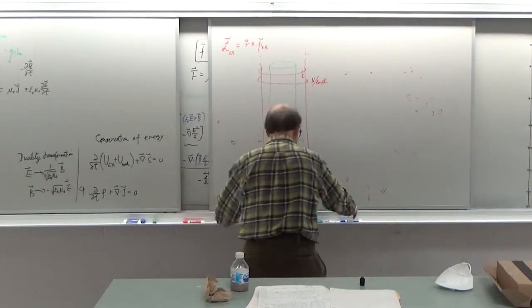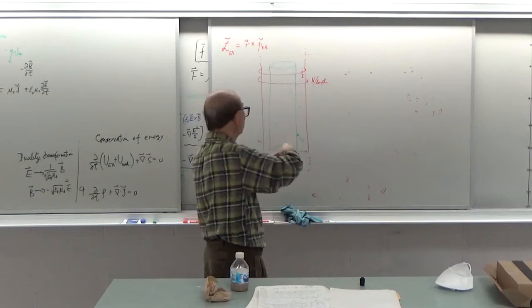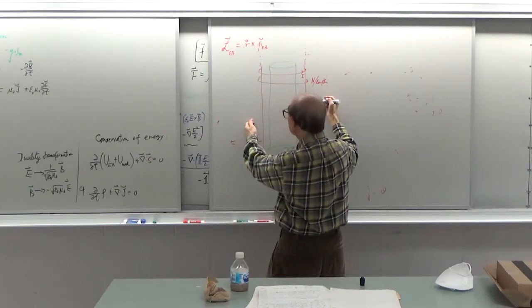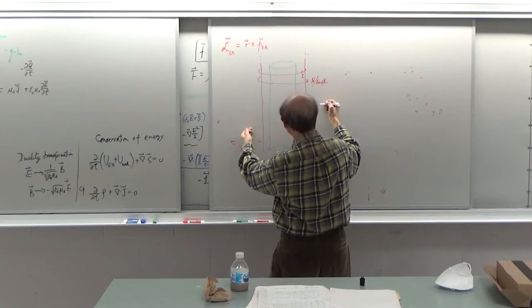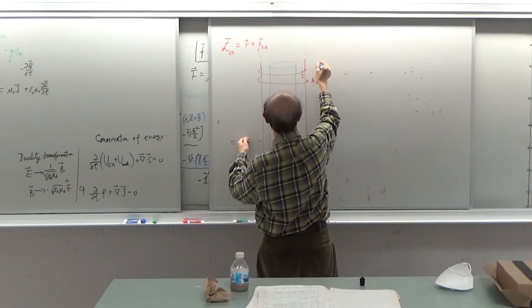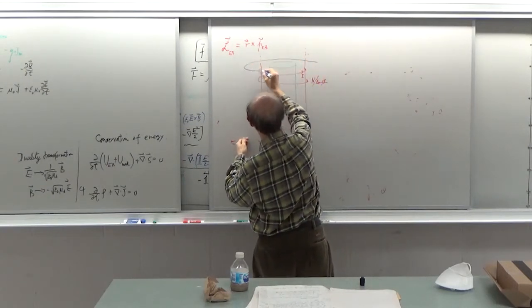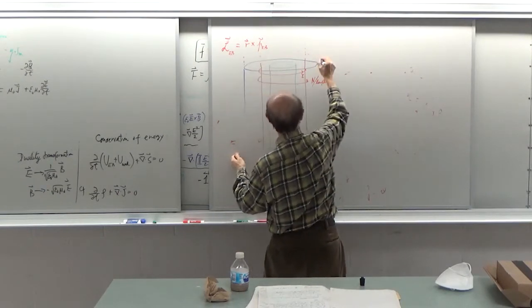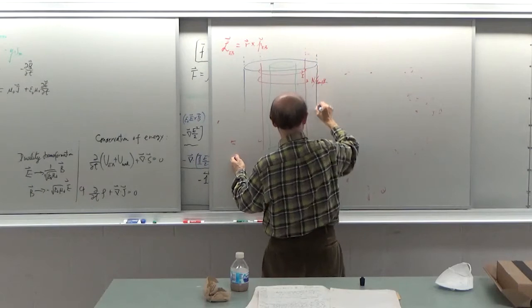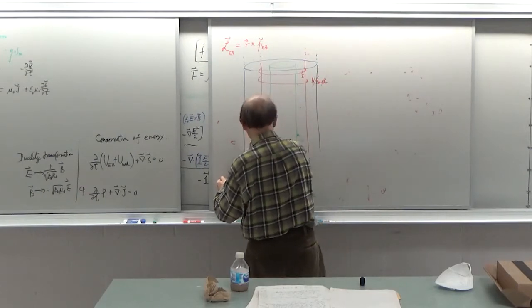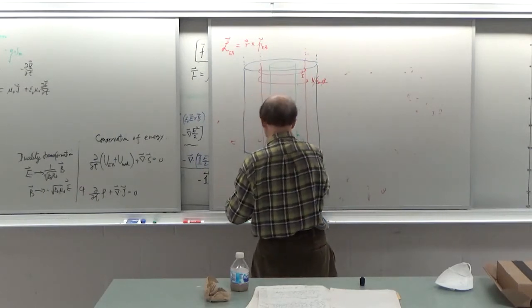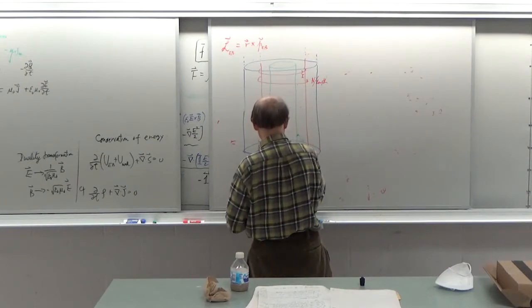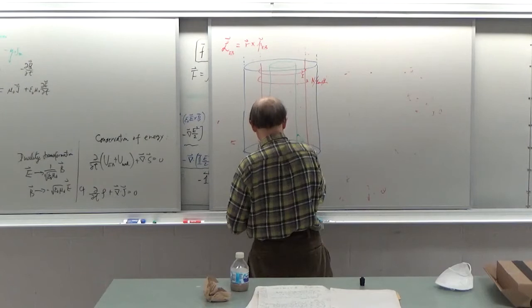And then the other cylinder, in blue, lies outside the solenoid, so I draw it bigger. It's a long one. It has radius b.